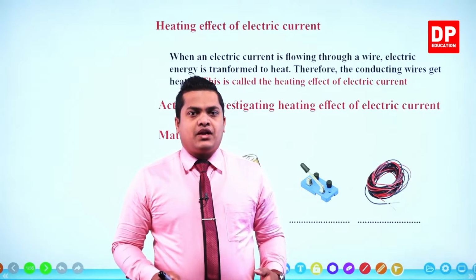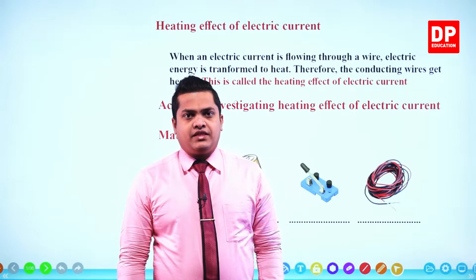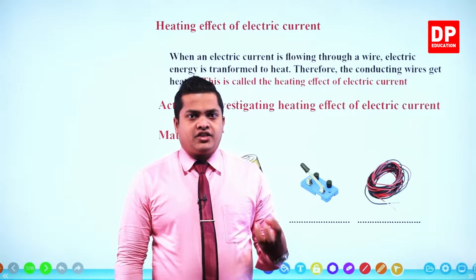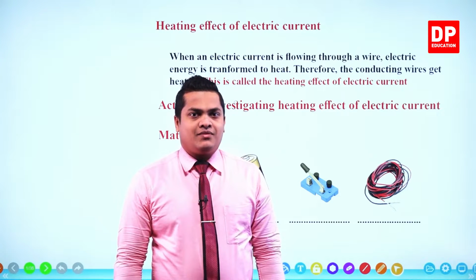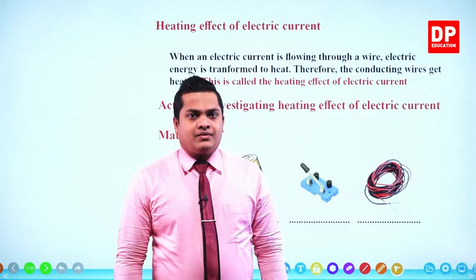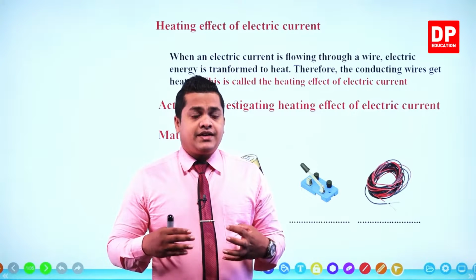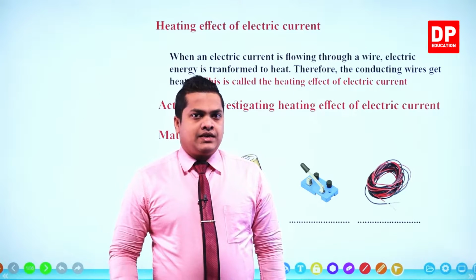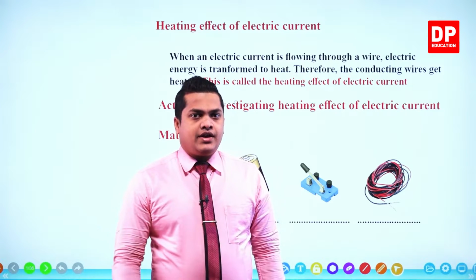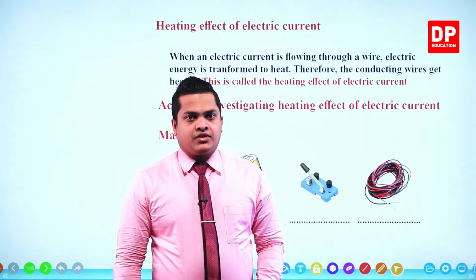If a filament bulb is operated for about 20 to 30 minutes, you can feel that it's very hot. It's because of the heat energy generated within the filament bulb. Most of the energy given to the filament bulb is converted not to light energy but to heat energy. Light is given out as a secondary energy conversion.